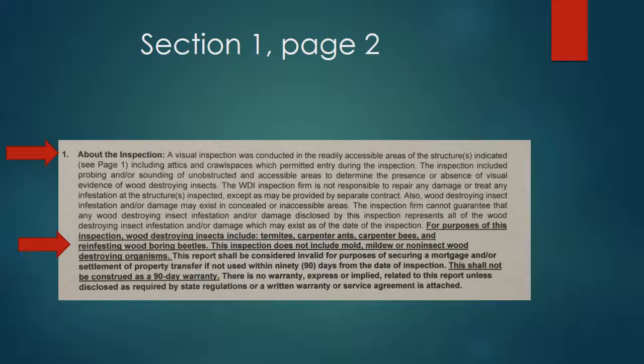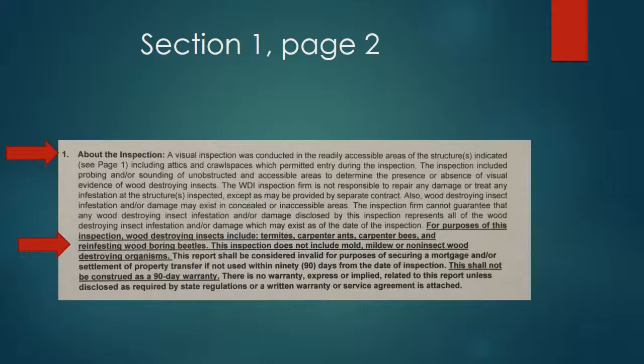Obviously, the next line says that some infestation or damage may occur in concealed or inaccessible areas, and we've talked about that. We've written those up on the other side. The inspection firm cannot guarantee that any wood-destroying insect infestation and/or damage disclosed in this inspection represents all of the damage or activity in the house at the date of the inspection. That's good, because you'll remember earlier in the class, I found some in a crawl space one time that didn't look that bad.